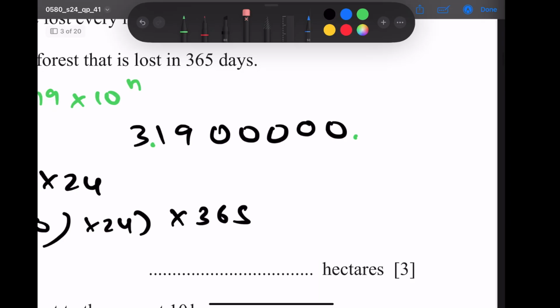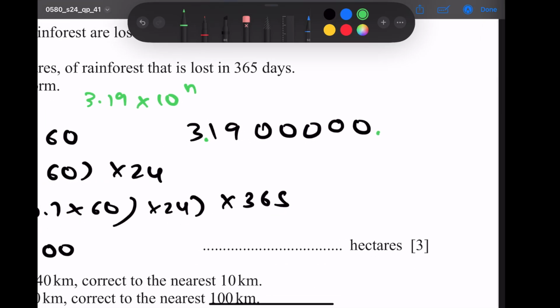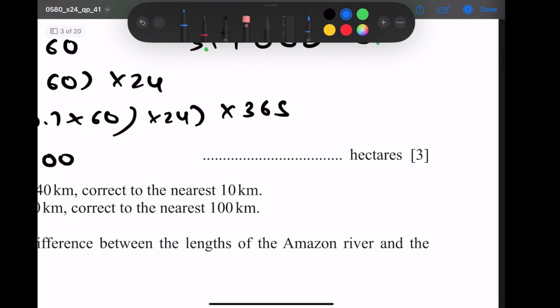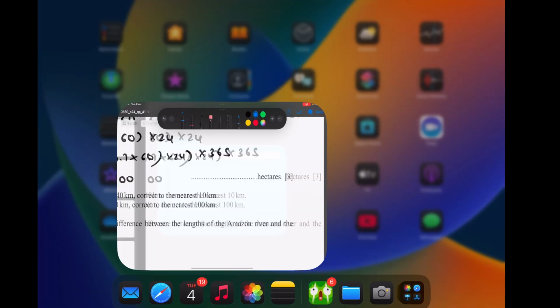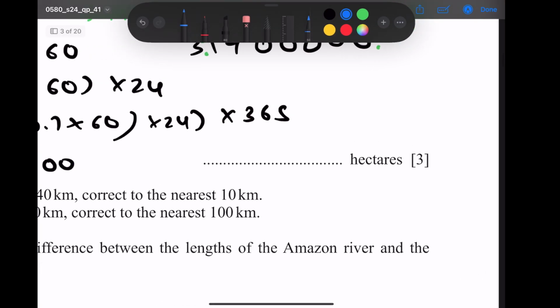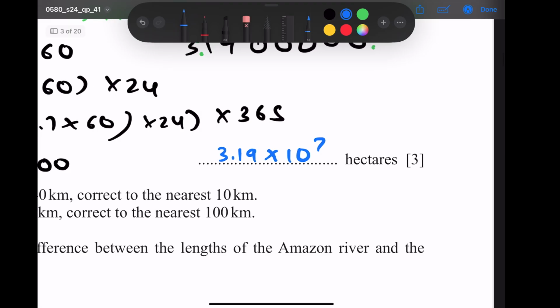So to find how many places the decimal point is shifted, which represents how many times this number is multiplied by 10, for 3.19, we check: 1, 2, 3, 4, 5, 6, 7. Therefore, 3.19 is multiplied 7 times to get our final answer. So our final answer is 3.19 times 10 to the power of 7.